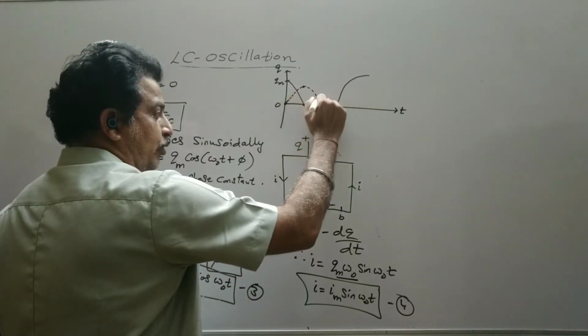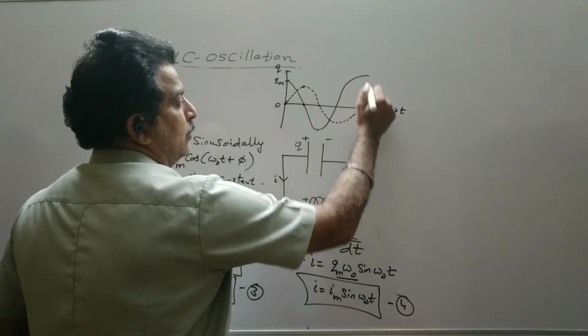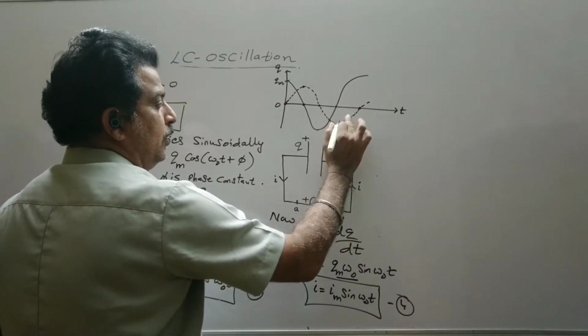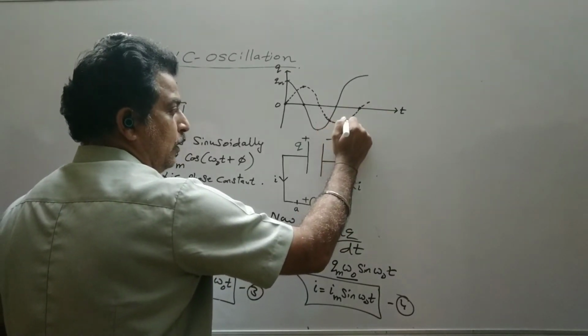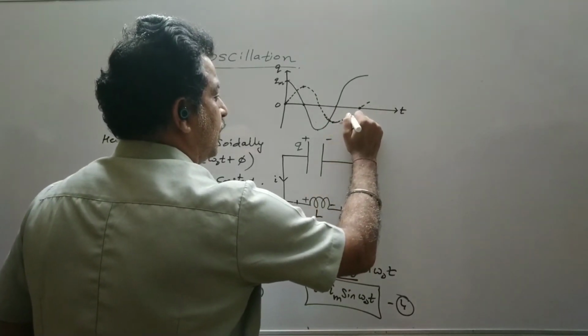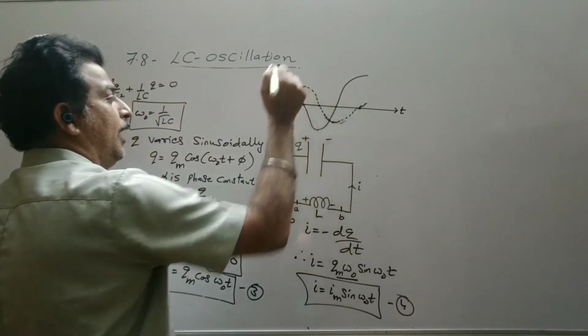So this is the graph. This is the maximum value, this is the minimum, and this is maximum again. So it is a function of sine, and this value is your Im.